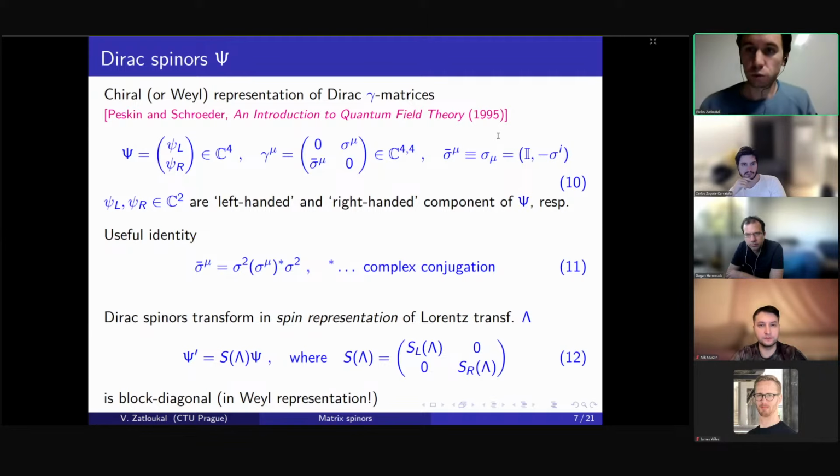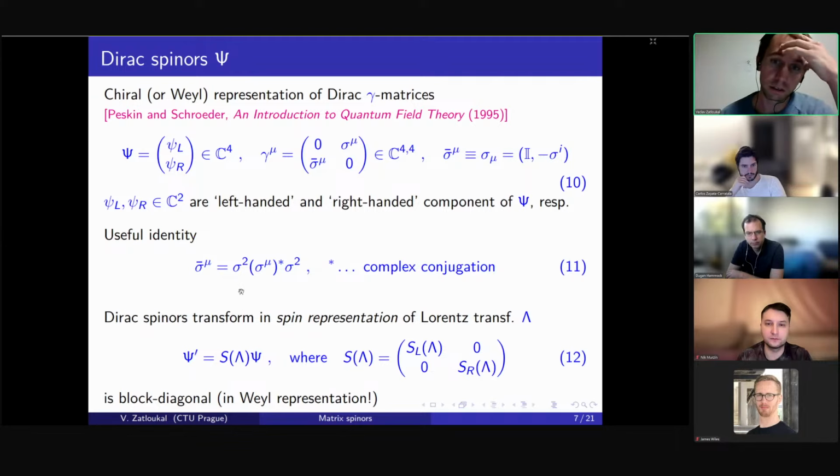So one has just this sign swap in the definition of sigma bar. For sigma mu bar, one can easily see that the following identity holds. It's also quite useful. The star will always denote complex conjugation here, not the Hermitian conjugation, just to be sure.